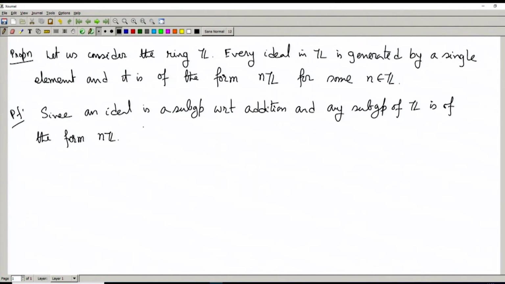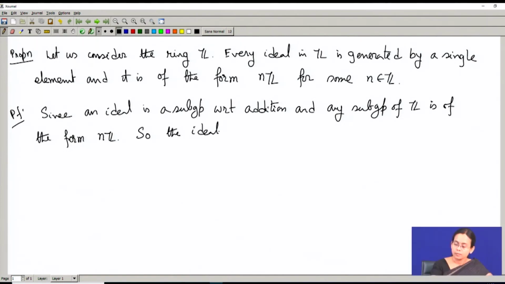So the ideals of Z are of the form nZ. We have identified all the ideals in the ring of integers Z, which are nothing but multiples of some integer.